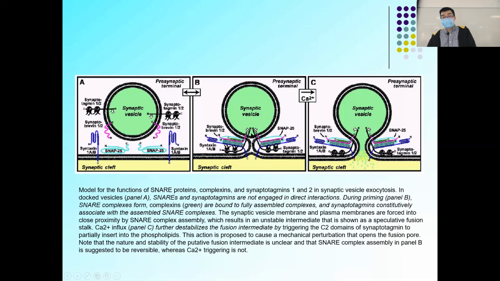Now, once the calcium binds to synaptotagmin, because it has the calcium sensing zone, that will trigger a release of the final part, and then the neurotransmitter will come out. Okay, so that's the process, ready to release.